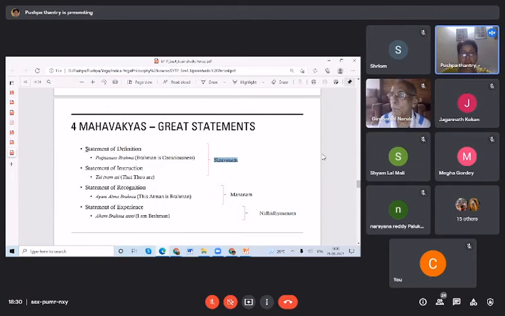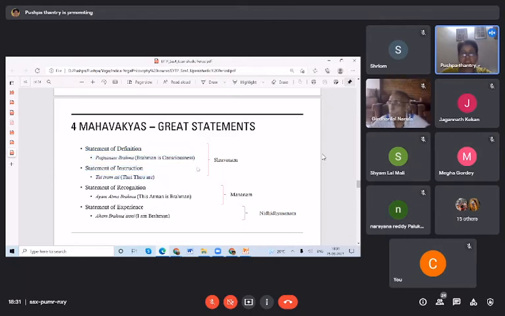Okay, this is called Shravanam. Someone says that. Statement of recognition, Mananam: I'm just realizing that I am Atma Brahma. This Atman is Brahman, for example. That is Mananam, okay? And statement of realization or experience is Aham Brahmasmi. I am the Brahman. It is Nididhyasanam.